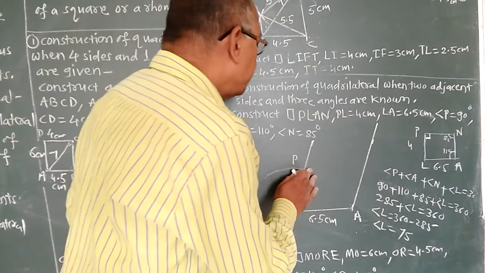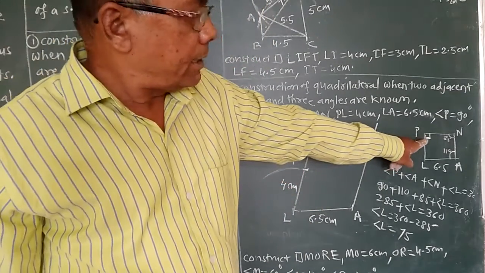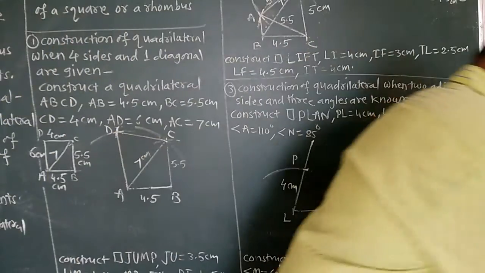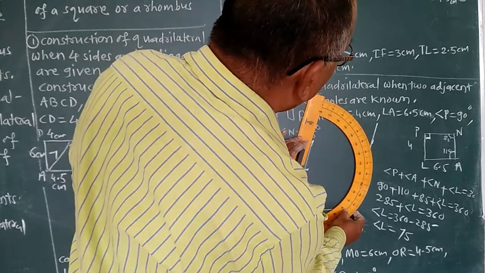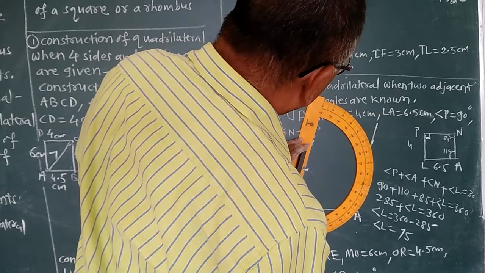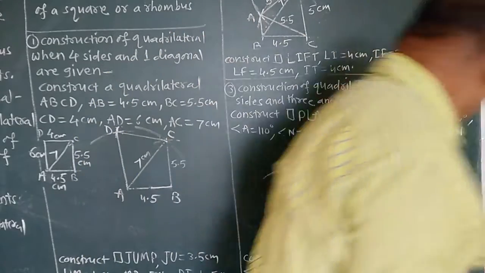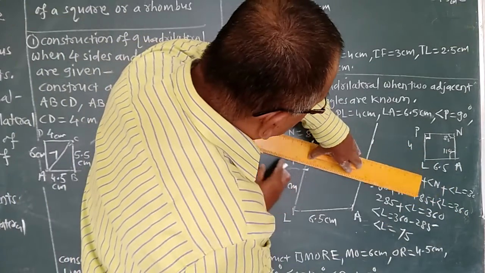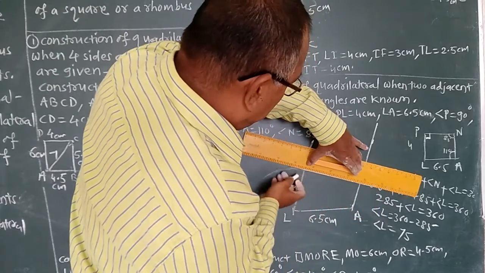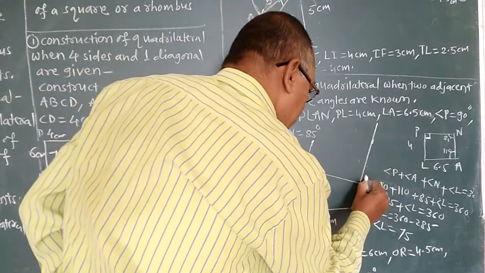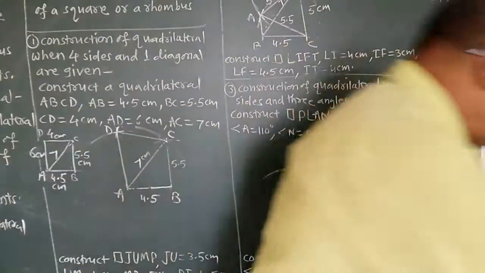Here at point P, we have to make 90 degree angle. So I will put the protractor on the point P, and with this I have to draw angle of 90 degree, and now joining this we will get, in this way, the angle N. It should be 85 degree angle.